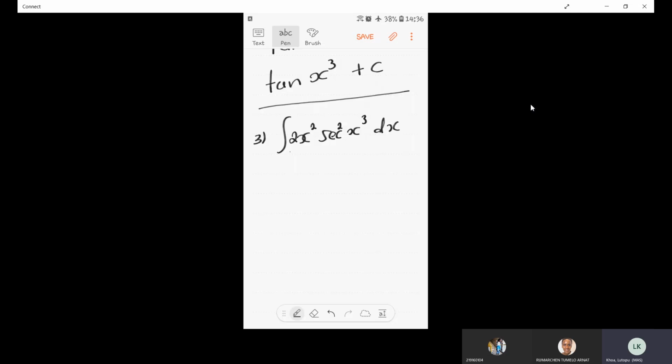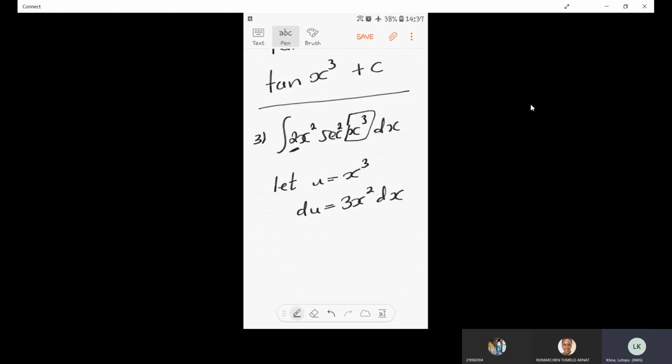Okay, the only difference is the coefficient over there, but we would do it in pretty much the same way. So let u equal x to the power of 3. This means that du is equal to 3x squared dx.